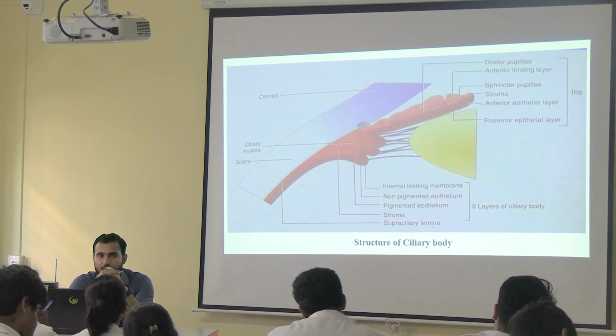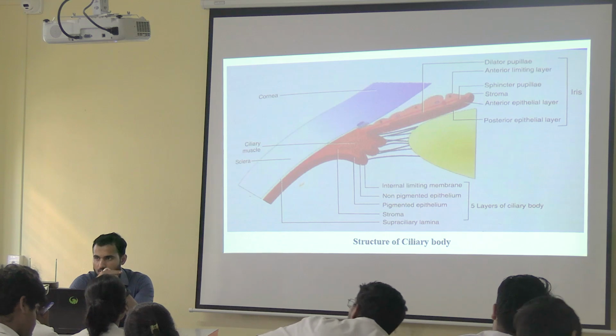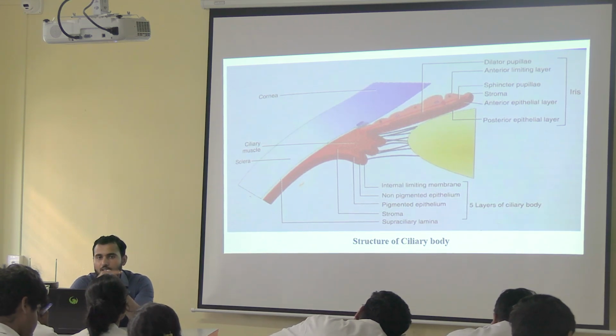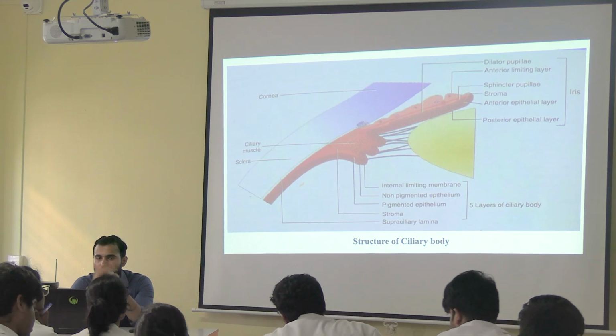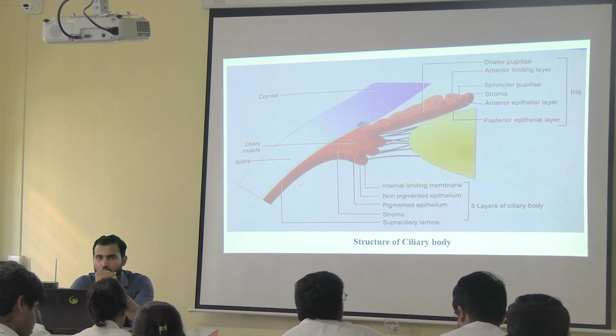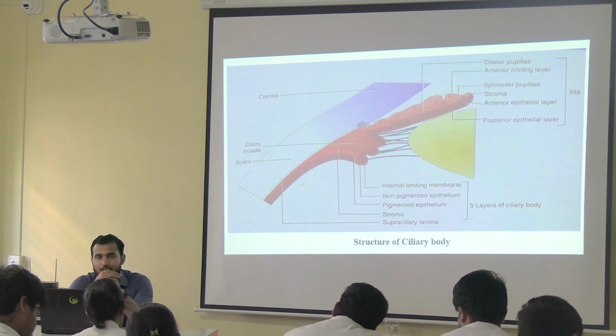Even for the iris, the microscopic structure is not given. You can check the book. So I have taken the image from a different book. That's why it's not that clear, but still you can see the layers.